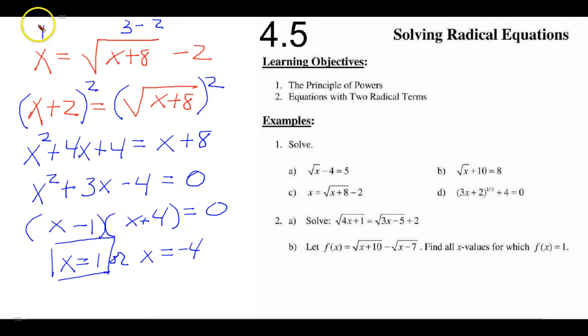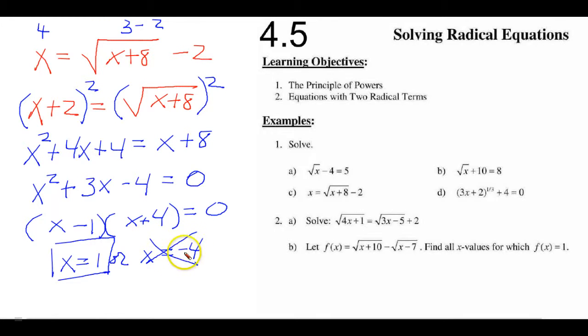Now a negative 4, this will be a negative 4. This will be a negative 4. This becomes a 4. Square root of 4 is 2. 2 minus 2 is 0. This one does not check.